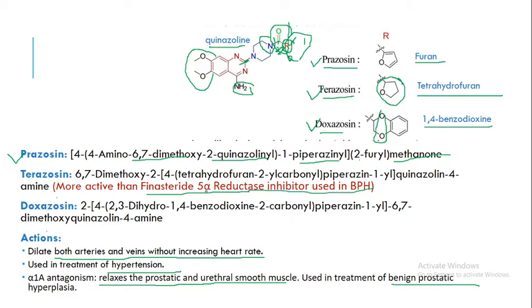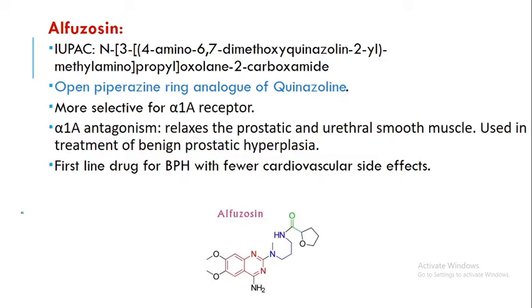This enzyme converts testosterone to dihydrotestosterone derivatives, and finasteride inhibits the 5 alpha reductase enzyme. Terazosin is more potent than finasteride in BPH patients.